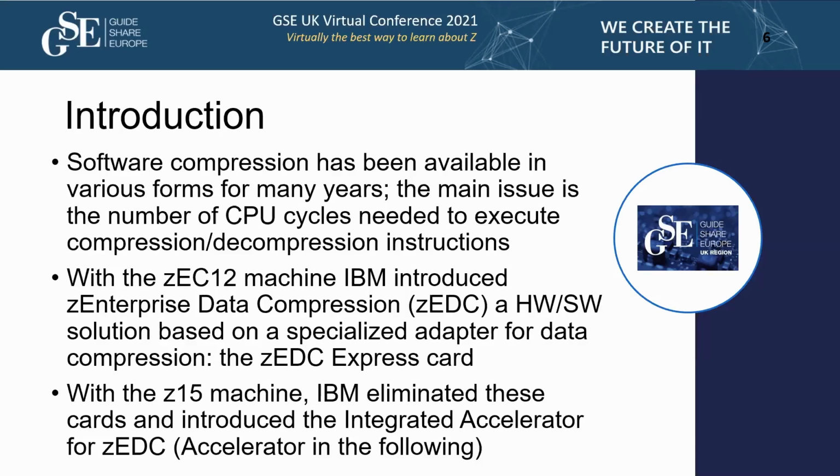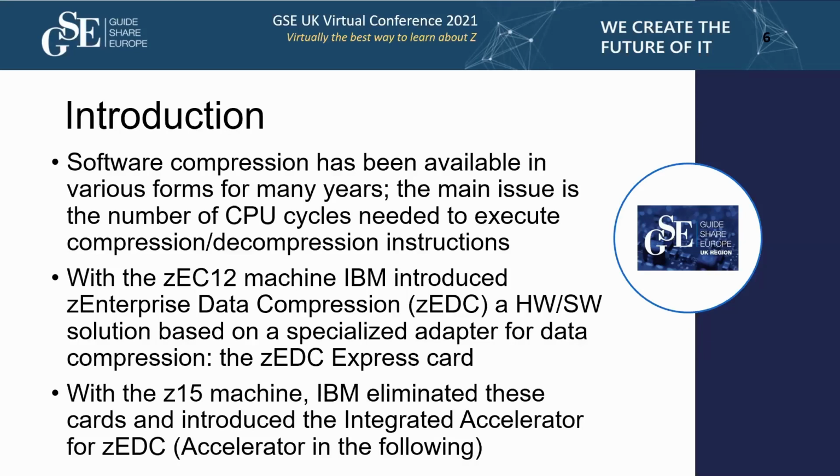With the zEC12 machines, IBM introduced zEnterprise Data Compression, zEDC, which is a hardware and software solution based on a specialized adapter for data compression, the zEDC Express card. And so with this solution, IBM addressed the issue of software compression, trying to move the burden of these kinds of operations to the hardware.